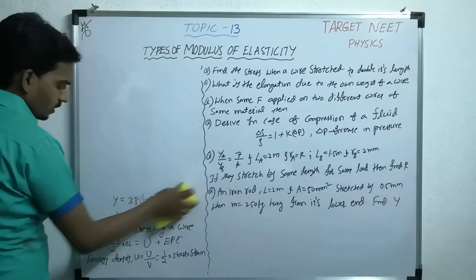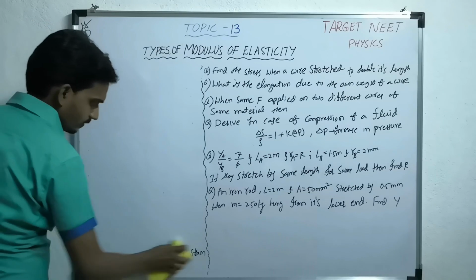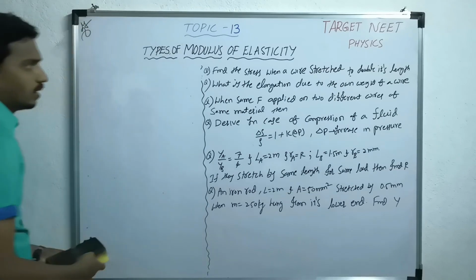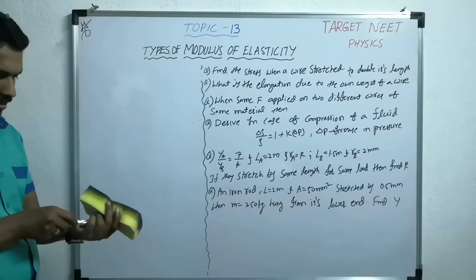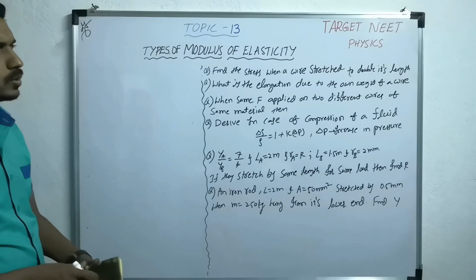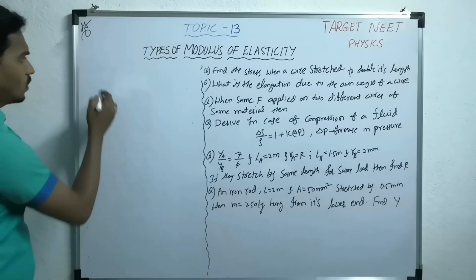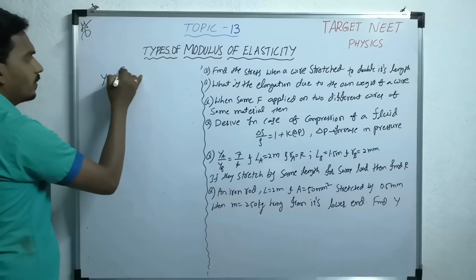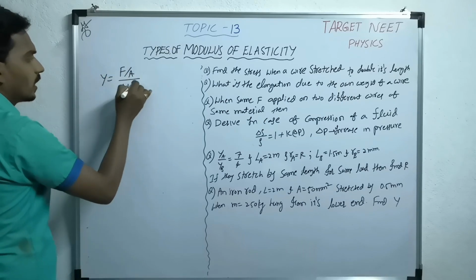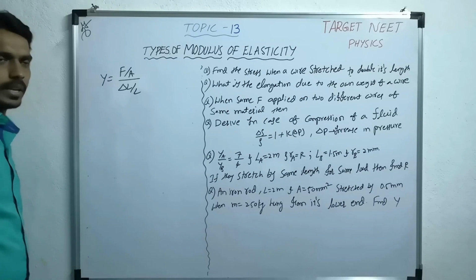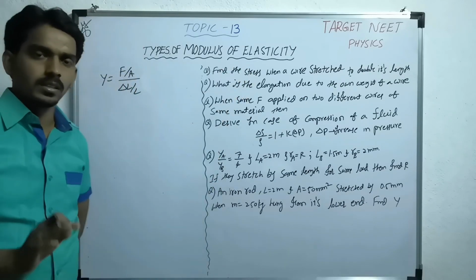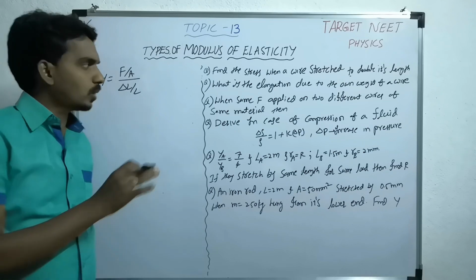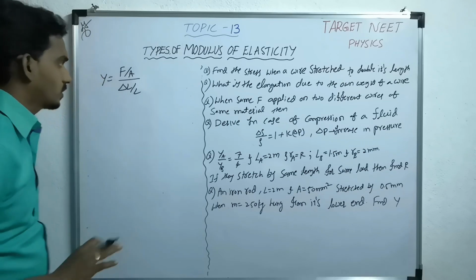The very first question is all about: find the stress when a wire is stretched to double its length. So Y equal to F by A over delta L by L. Immediately you can take, because stretching of wire, length changes. Length changes means Young's modulus comes.